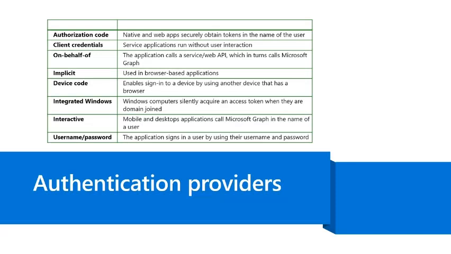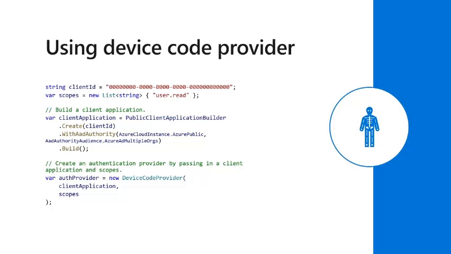Username password provider allows an application to sign in a user by using their username and password. Use this flow only when you cannot use any of the other OAuth flows. So you have these types of authentication providers. Generally we use authorization code, but for mobile applications you can use the interactive provider also.